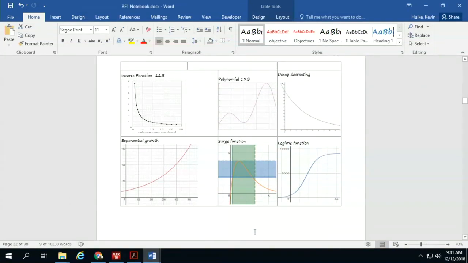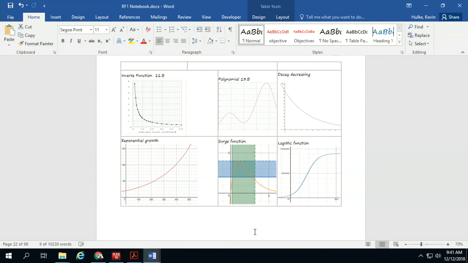The next one was the surge function. If you recall, the surge function was where we had that drug that we were trying to make sure was effective within 20 minutes. Or no, 0.2 hours, 12 minutes. And it was effective for at least 3 hours, right? And it couldn't go over 4, but it wasn't effective until it got above 2.